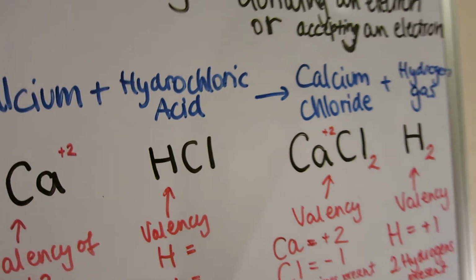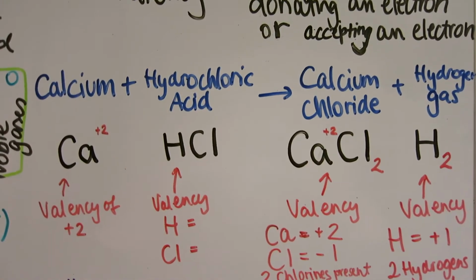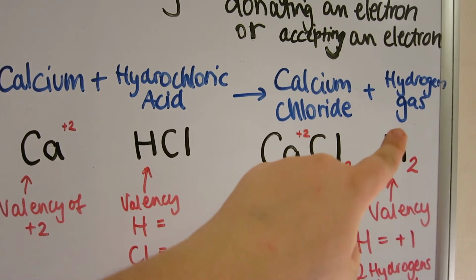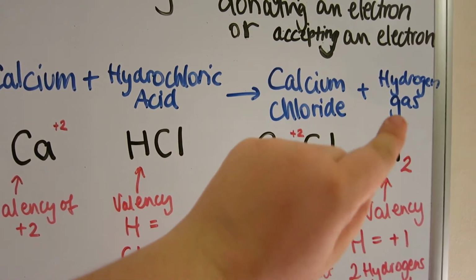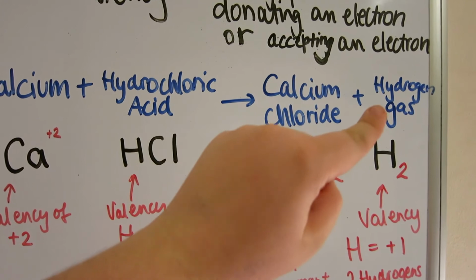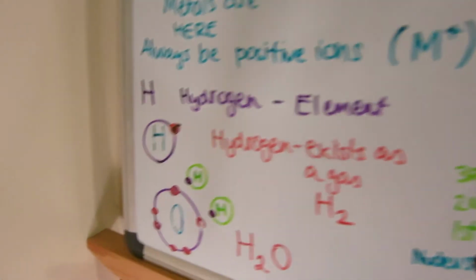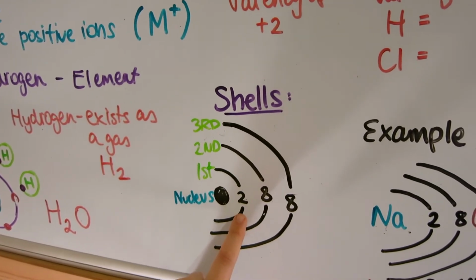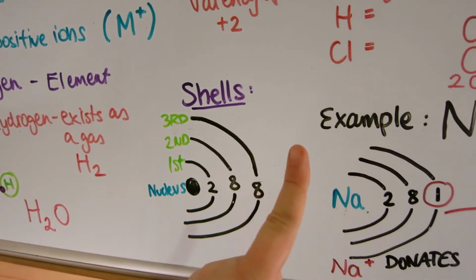So remember, with our equation, we have calcium, so we have our metal and our acid producing our salt and our hydrogen. Remember, hydrogen has to be hydrogen gas. It can't live by itself. It has to be hydrogen gas and share those electrons to have 2 electrons in that first shell.